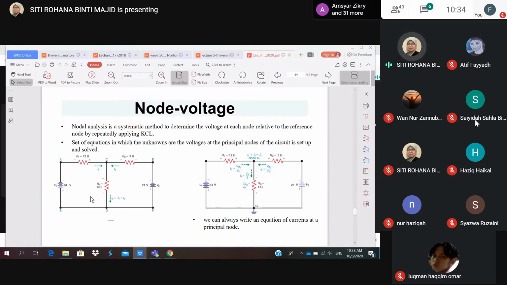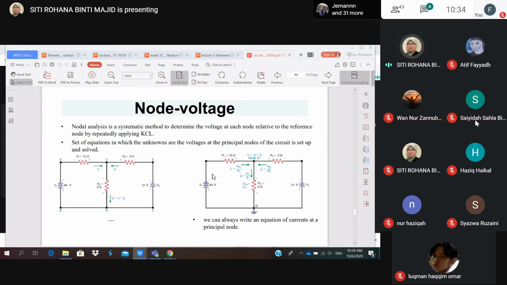So we set the lowest line as the ground. From this equation or method, we will have a set of equations in which the unknowns will be the voltages at the particular points or nodes of the circuit, and then we can calculate the I or the V, depending on the question.